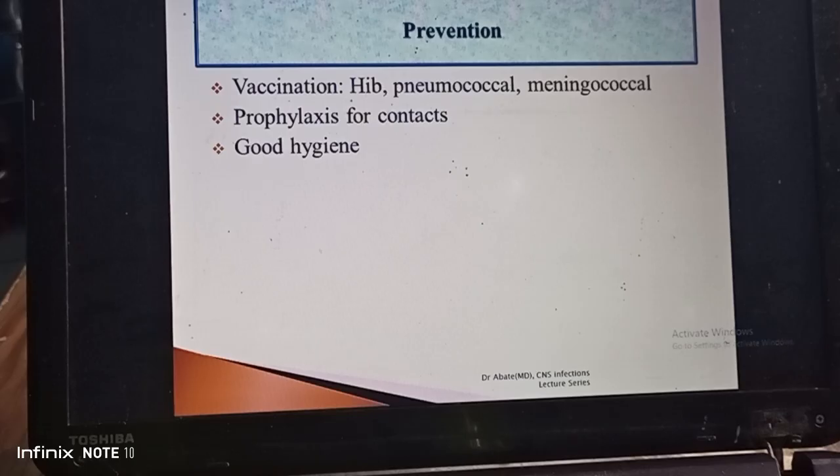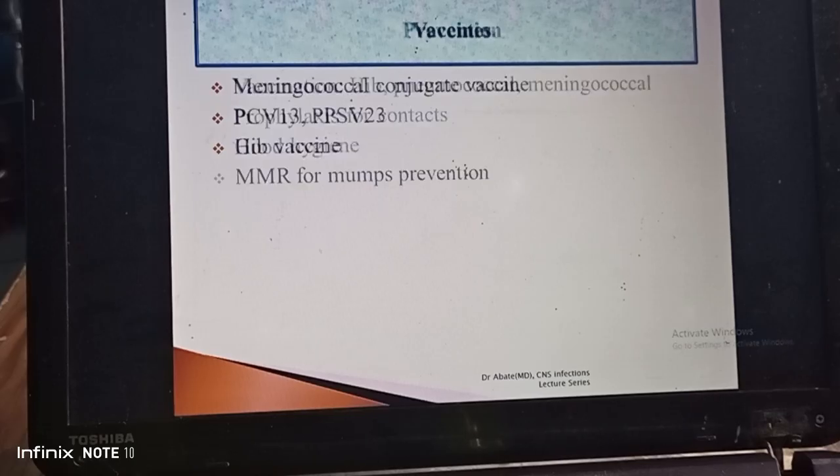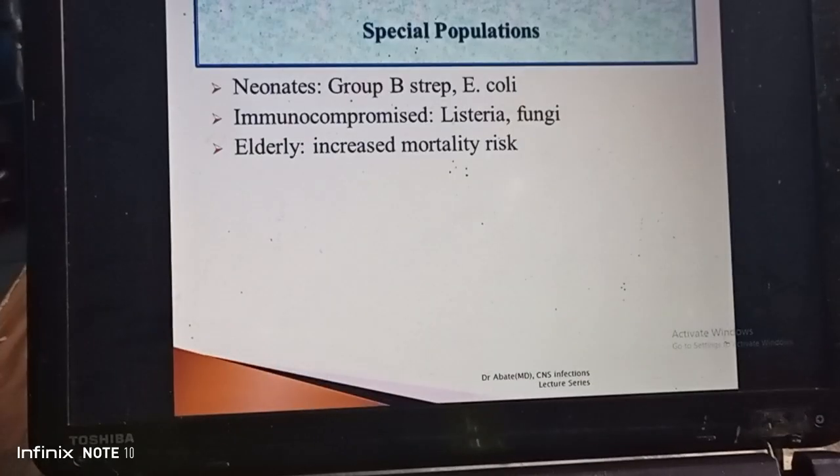Good hygiene also helps prevent infection with meningitis-causing organisms. The meningococcal conjugate vaccine, PCV13 and PPSV23, the Haemophilus influenzae vaccine, and also the mumps vaccine are indicated to prevent meningitis.